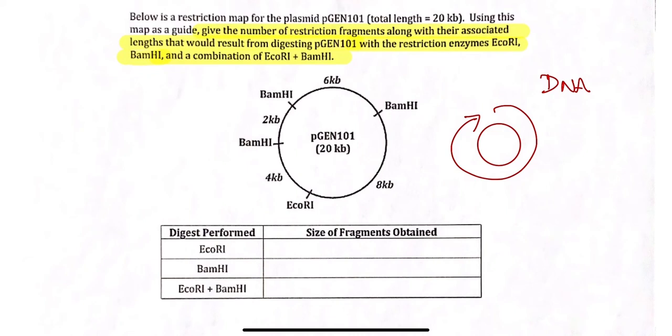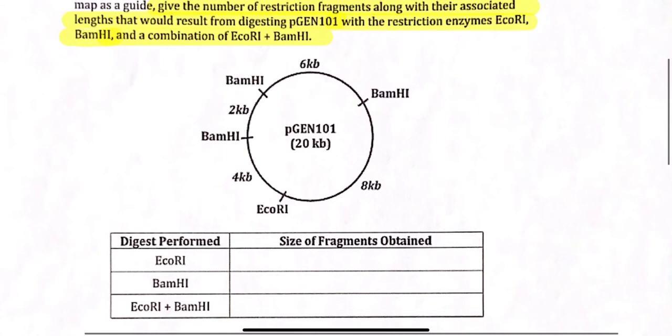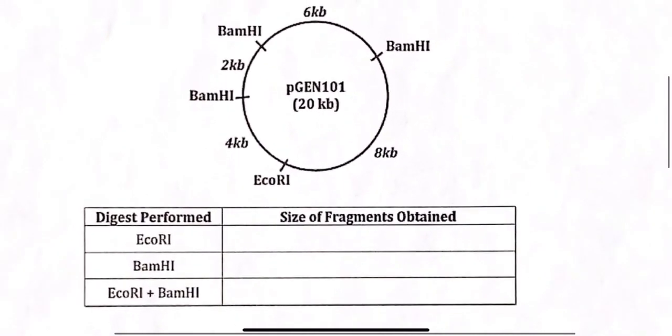So what we'll have to do is look at what kb length we'll end up with if we only have EcoR1 present, what length or maybe multiple lengths we will end up with if we have only BamHI, and then what we will get if both of them are present in the plasmid mixture. Okay, so let's do this. Let's look at EcoR1 first.